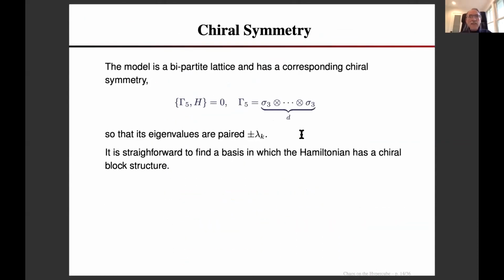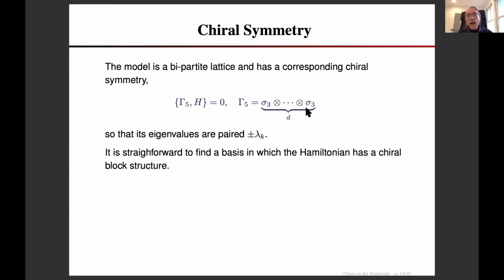This model has 2 symmetries. One symmetry is a chiral symmetry. The model is a bipartite lattice. So that means one lattice is coupled to the other lattice and not in between themselves. And you can define a gamma 5 operator that anti-commutes with the Hamiltonian.